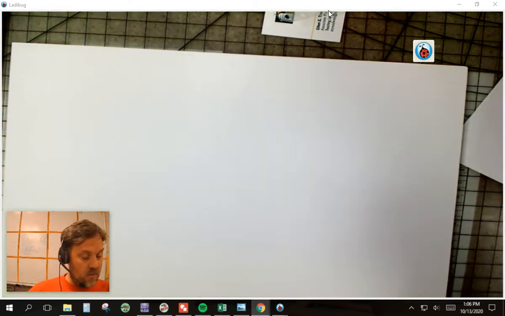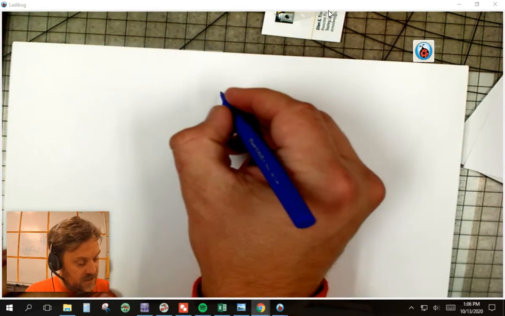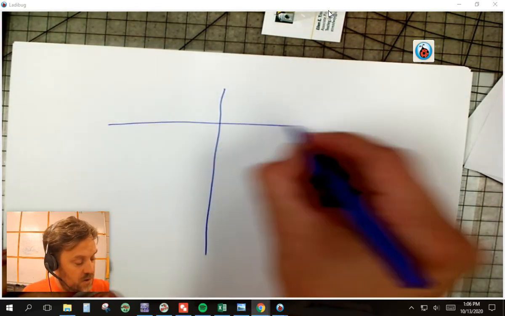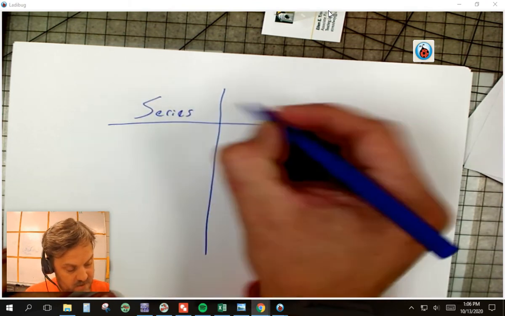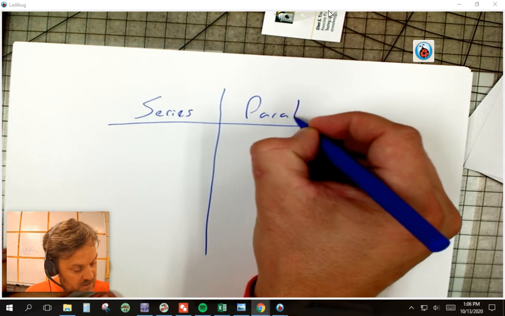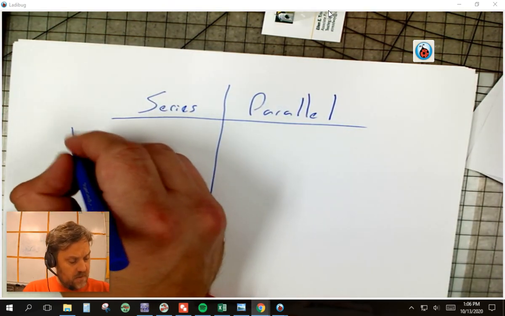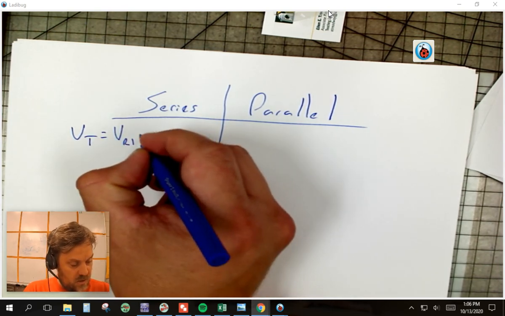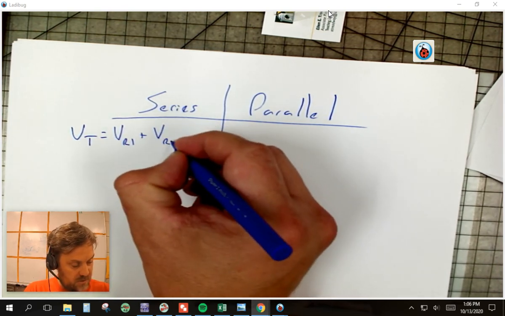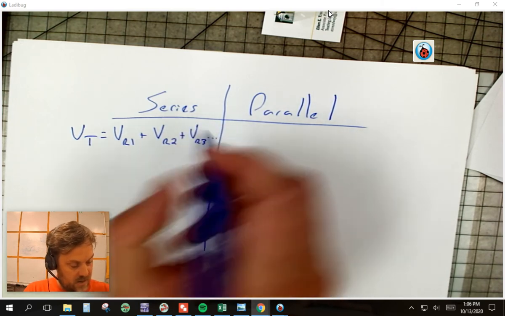All right, so now we're going to go over those formulas real quick. Same kind of a different T-chart, but we're going to do our series and our parallel formulas. Voltage total is the voltage at resistor 1 plus the voltage at resistor 2 plus the voltage at resistor 3, however many we got.